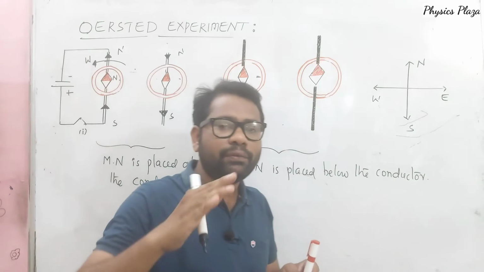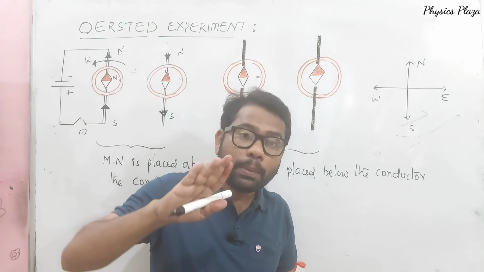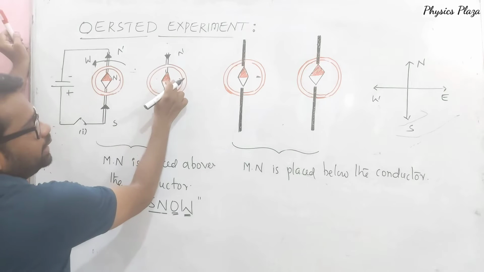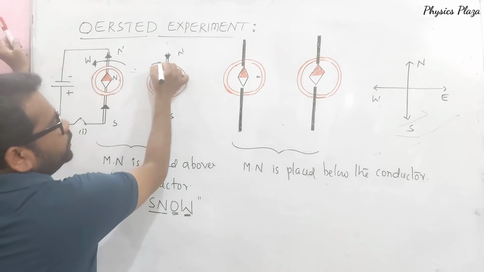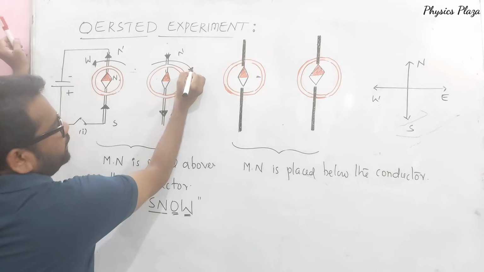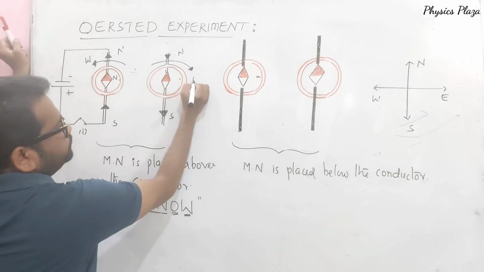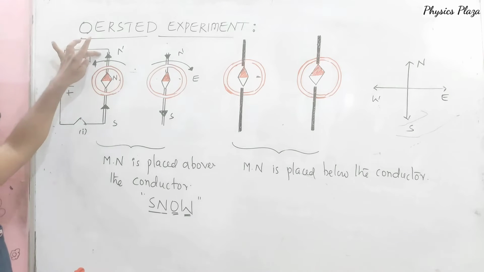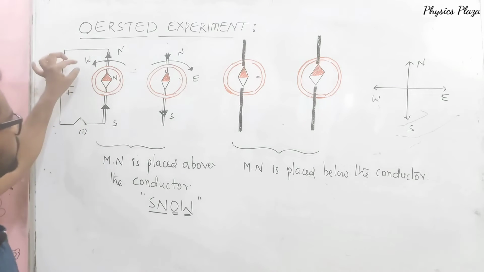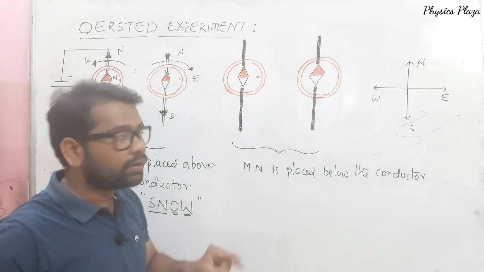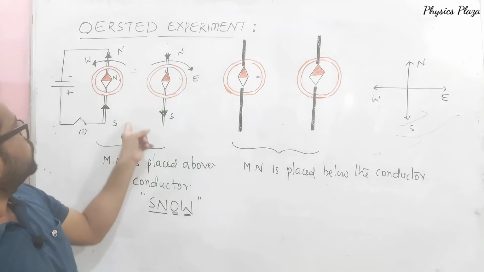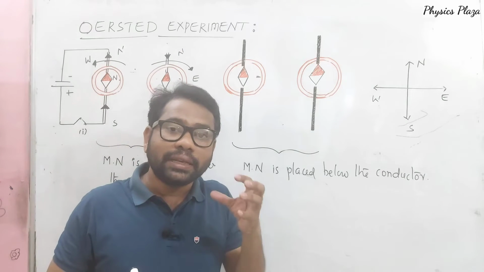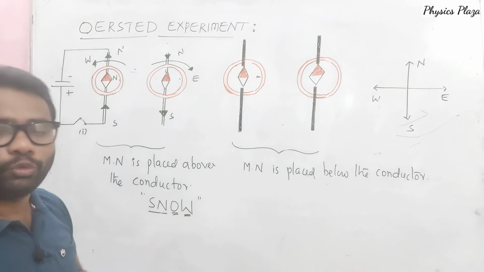We already know that when we reverse the current direction, the magnetic field direction also reverses. Very important: when current is flowing from south to north, the north pole of the magnetic needle is getting deflected towards west, whereas when current is flowing from north to south, the north pole of the magnetic needle is getting deflected towards east.